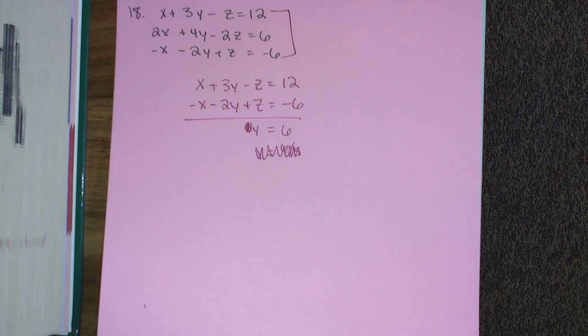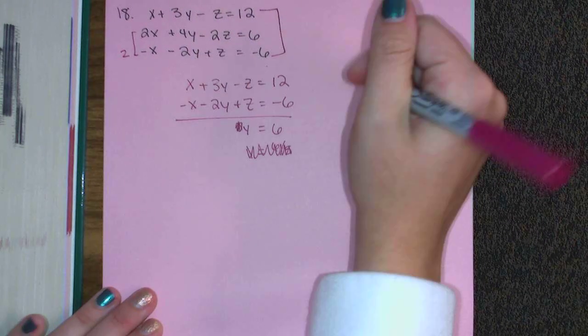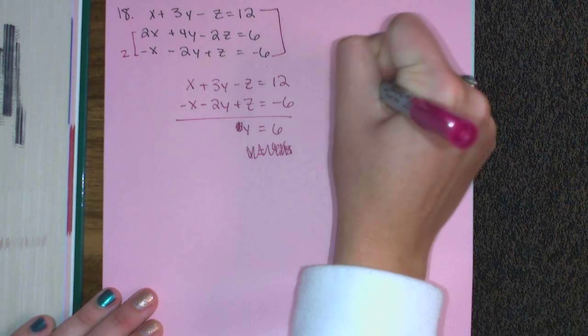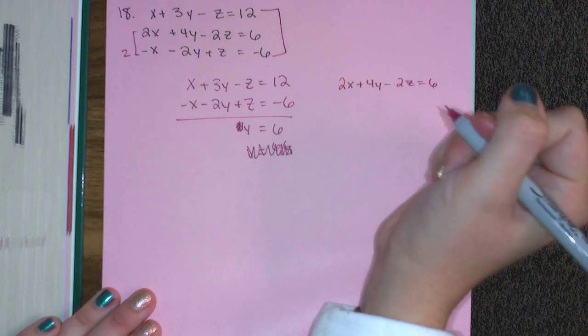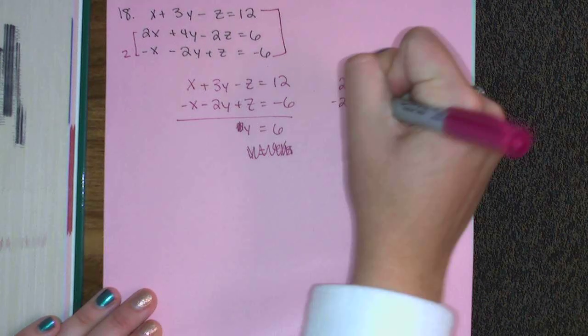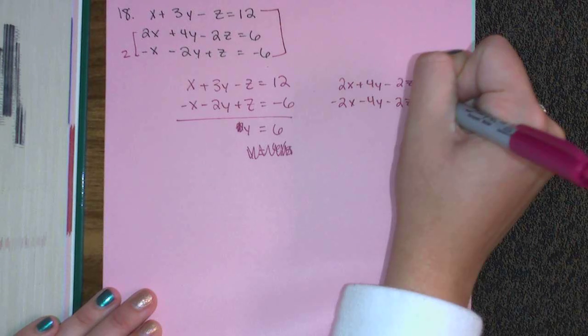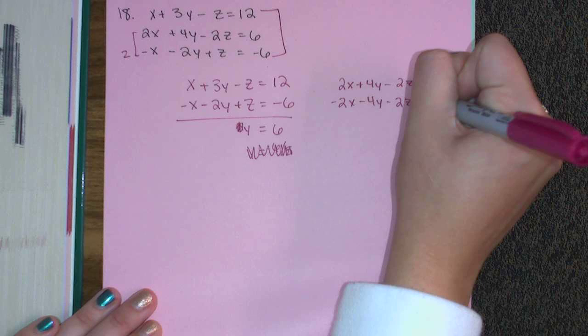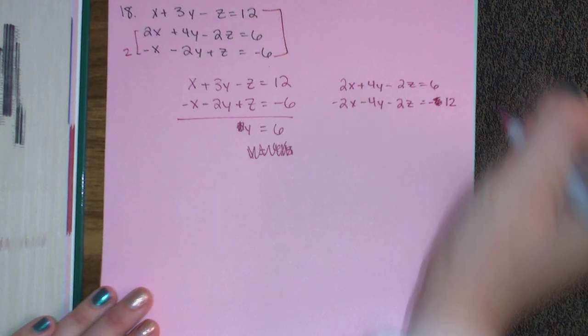The middle one and the bottom one, multiplying the bottom one by 2, so that's going to give me 2x plus 4y minus 2z is equal to 6, and then negative 2x minus 4y minus 2z is equal to negative 12.